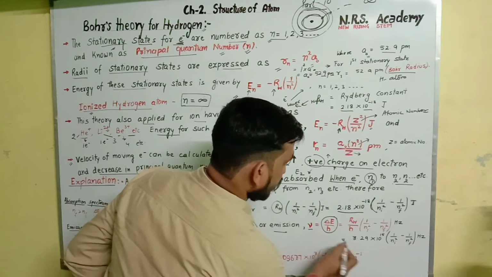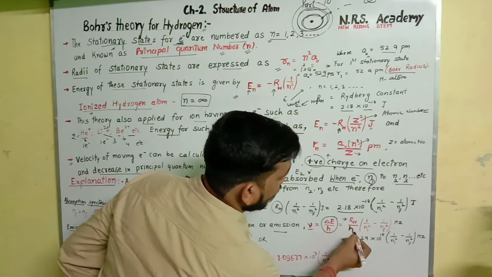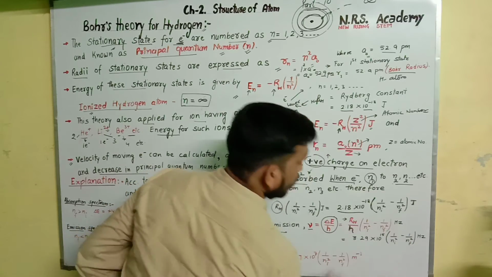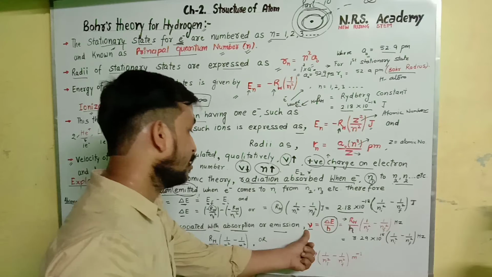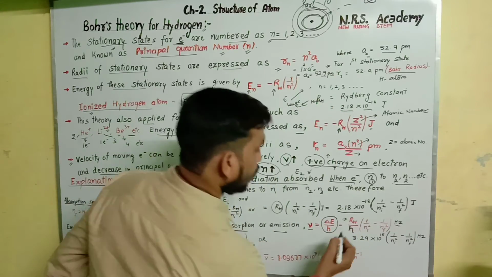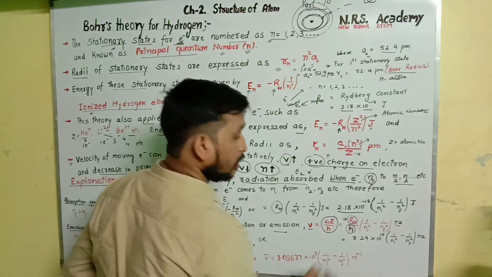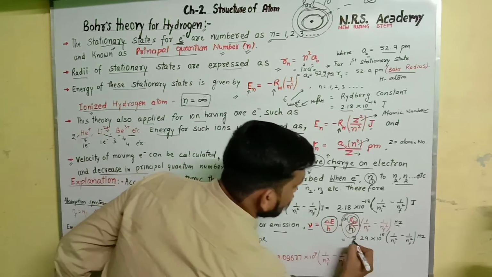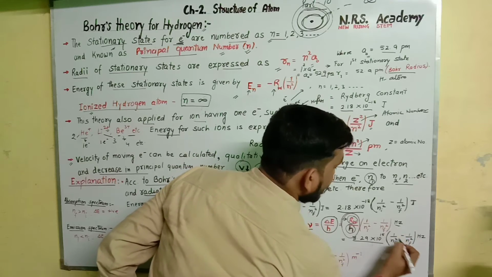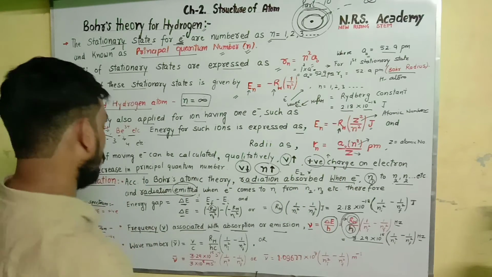So we get RH upon h, where h is Planck's constant, into 1 upon ni squared minus 1 upon nf squared, in hertz. So the frequency is in hertz. By putting in the values of the Rydberg constant and Planck's constant, we get the factor 3.29 into 10 to the power 15 into 1 upon ni squared minus 1 upon nf squared, and that much hertz is the frequency.